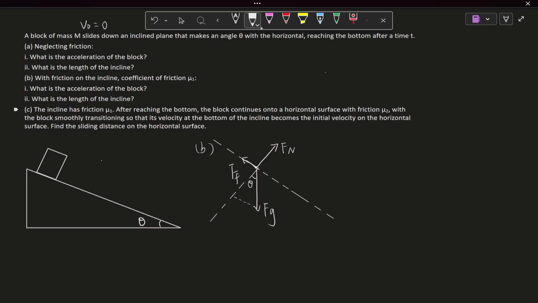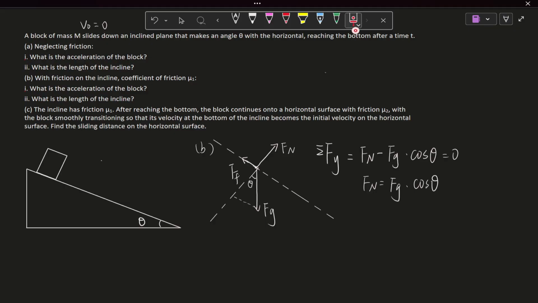Then you can write the net force equation, since the block is not moving upward or downward relative to the incline. Net force in y is equal to Fn minus Fg times cosine theta is equal to 0. We get Fn is equal to Fg times cosine theta.